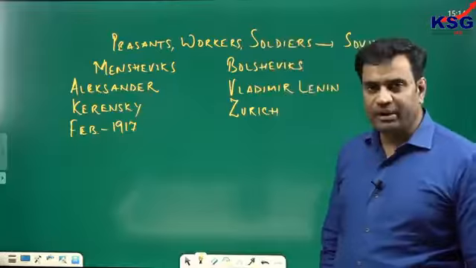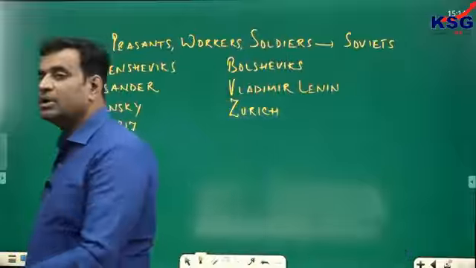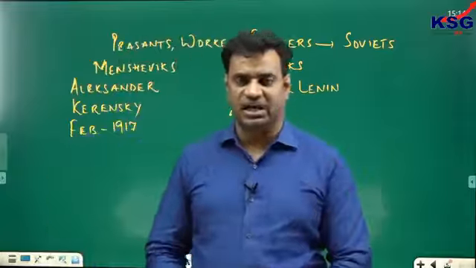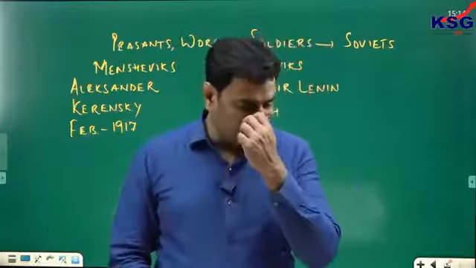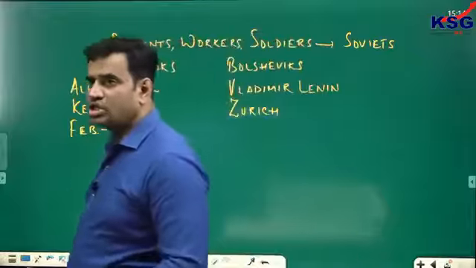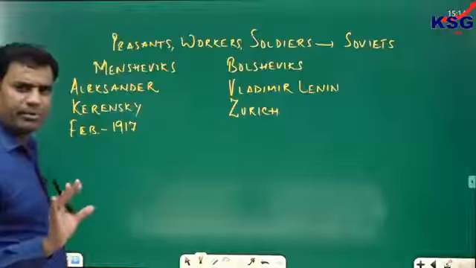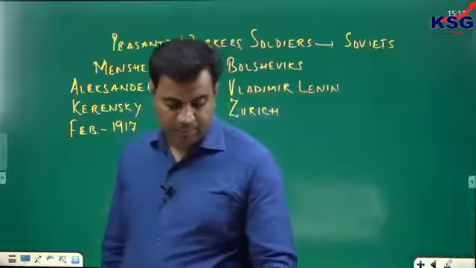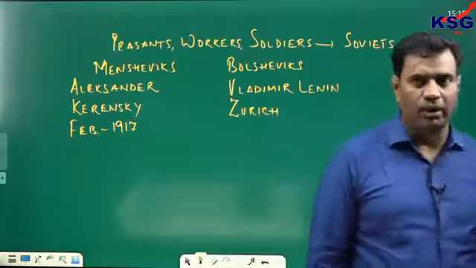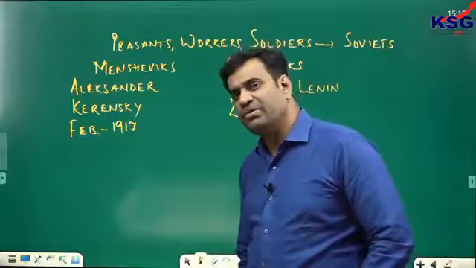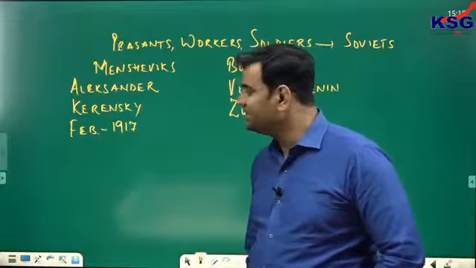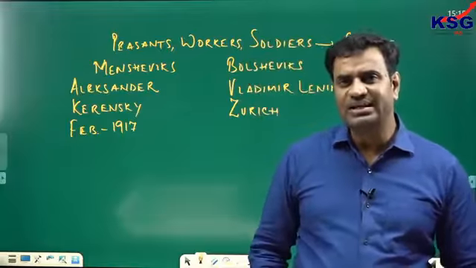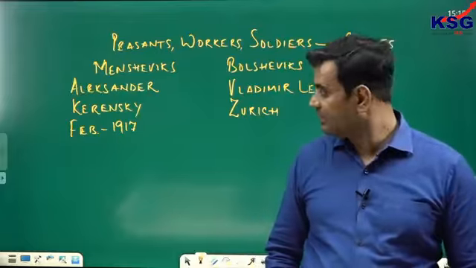Organized revolution February 1917, whereby the rule of the Russian monarch, Tsar, was ended, and a provisional government was formed under Alexander Kerensky.